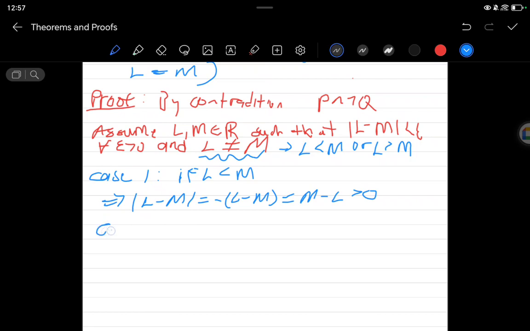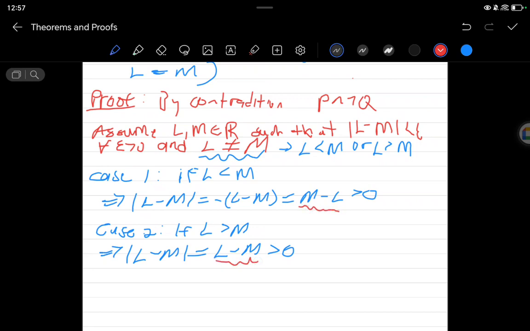Then we check case 2: if L is greater than M, then the absolute value of L minus M, since L is greater than M, this would always be positive. So L minus M would be greater than 0. So when we come back here, we realize that we have M minus L and L minus M.